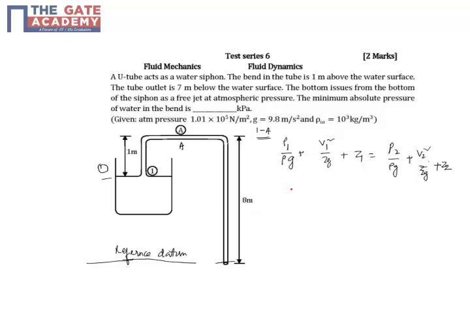We are applying it between 1 and A, and this is my reference datum for the potential energy calculation. P1 is atmospheric pressure, so we'll just use 101 kPa, and rho g is 9.8 into 10 power 3.